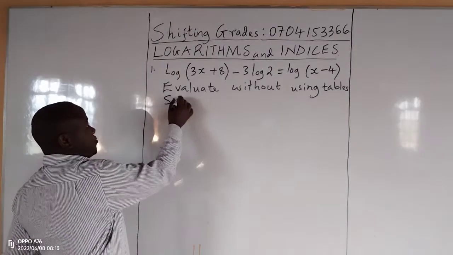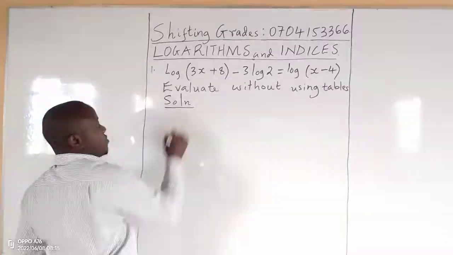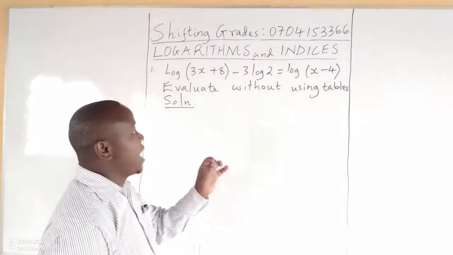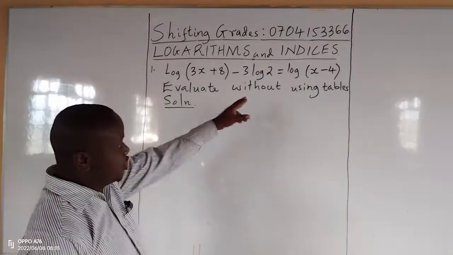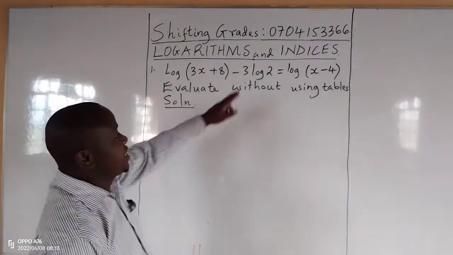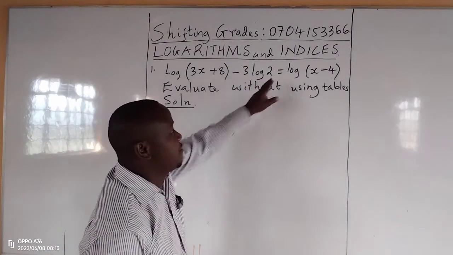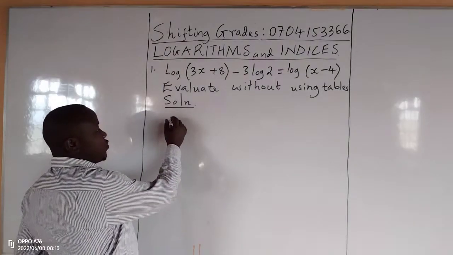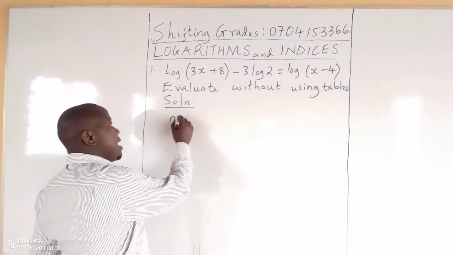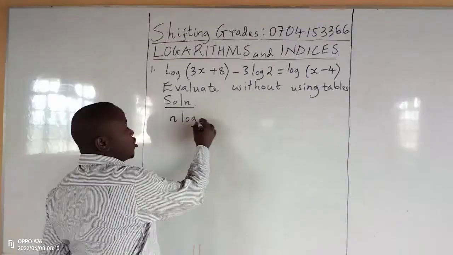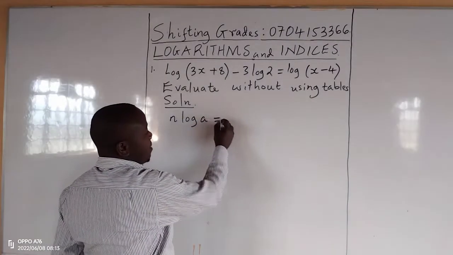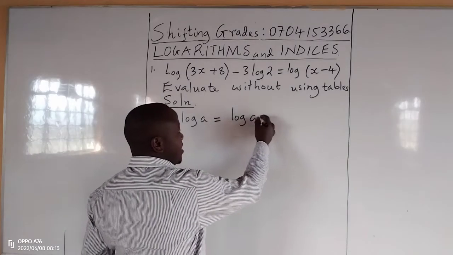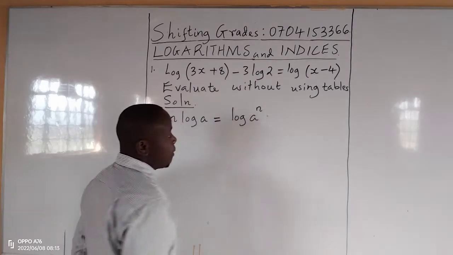Solution. We first of all consider the laws of logarithms that apply to this kind of question. We have a 3 here, then the logarithm of 2, and that takes us to a law of logarithms, which says that when a number n is multiplied to the logarithm of another number a, this can be evaluated by taking the logarithm of a raised to the power n.